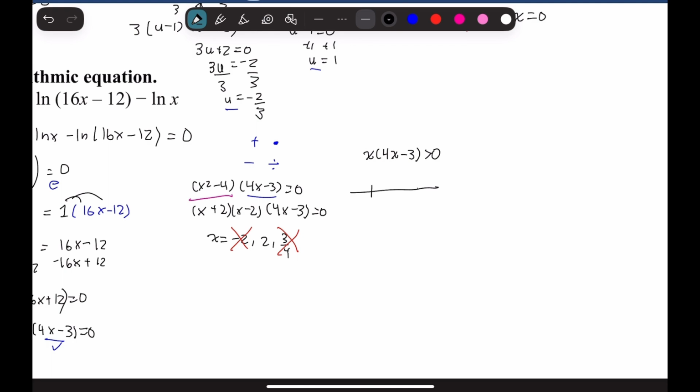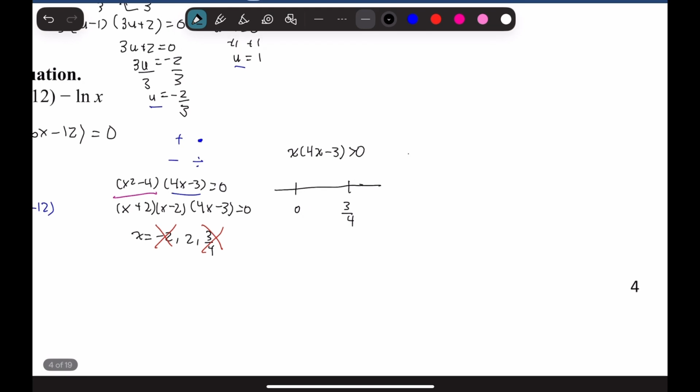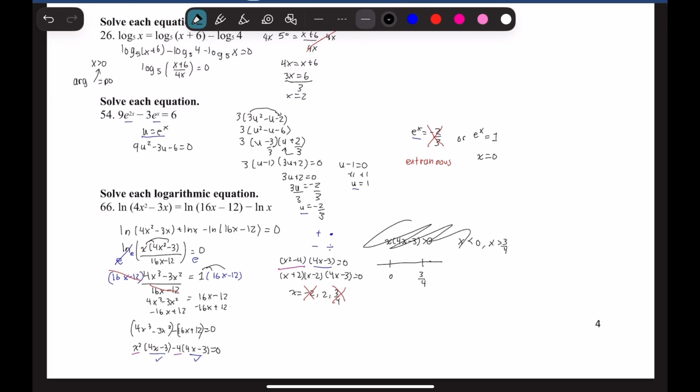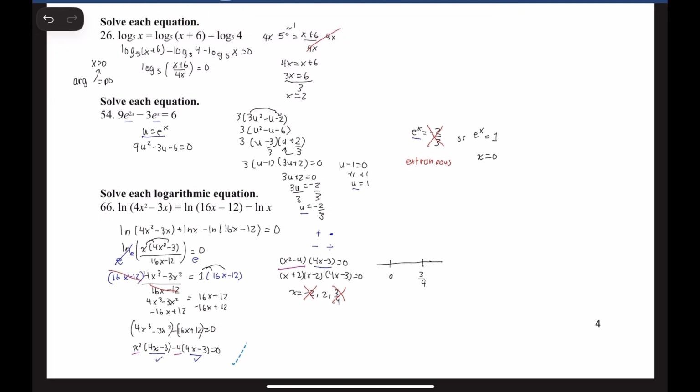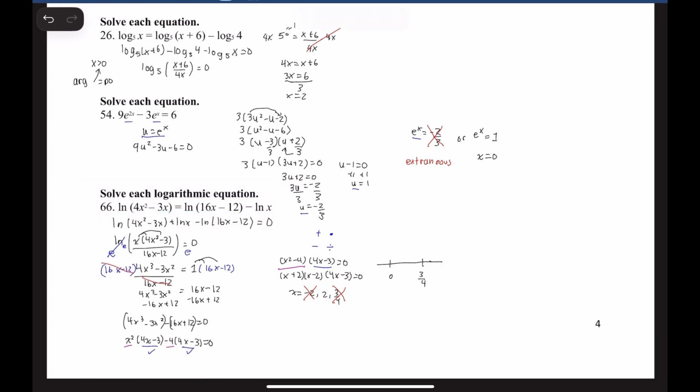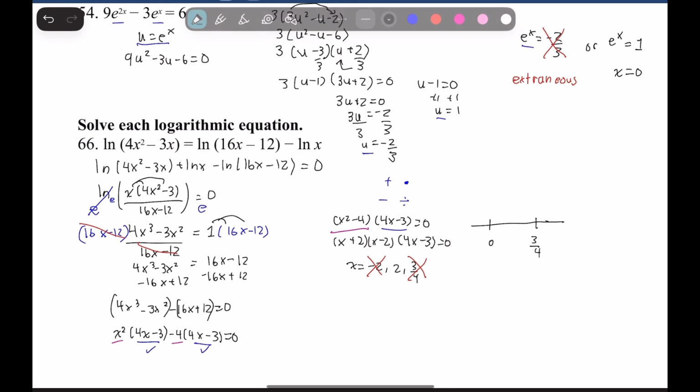We can split up this number line into 0 and 3 over 4, and then we also have x is less than 0, and also x is greater than 3 over 4. The reason we get all those is from, actually, let me put this specifically under, so this is from there, but let's reproduce this.